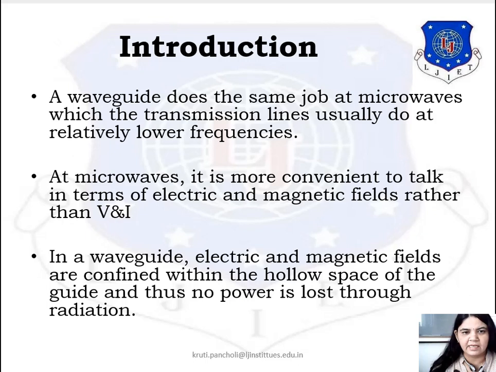Similarly, about the TE wave, transverse electric wave. In the transverse electric wave, the Ez component, that is the electric field in the direction of propagation, that is the Z, is equal to 0. So in the TE wave, the electric field component is not present and the value of Ez is equal to 0. While in the TM mode, transverse magnetic mode, the Hz component is 0 while the Ez component is present.